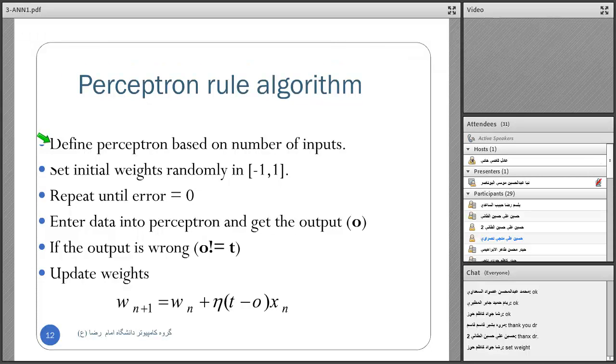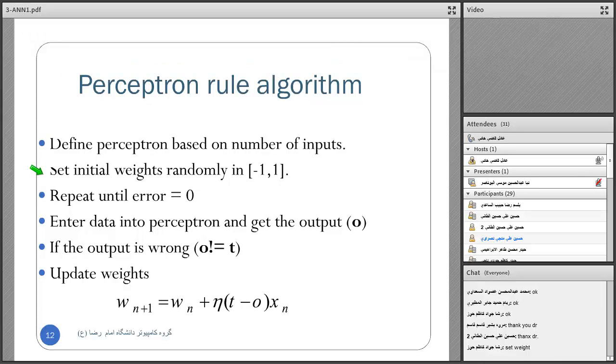We look to our data and see what is the number of inputs that we have in the data, 2, 3, 4, what is the number of inputs? Then, based on the number of inputs, we define a perceptron with that number of inputs.